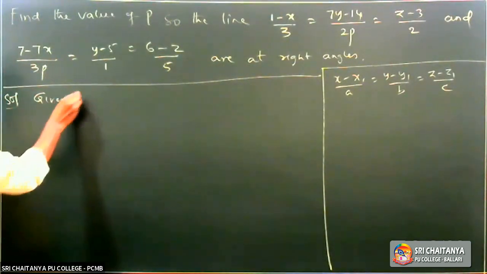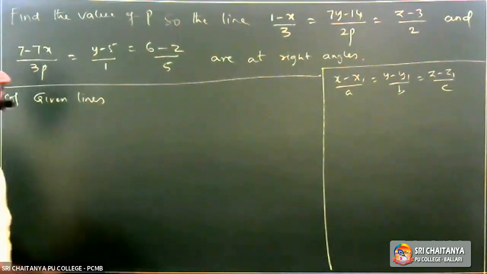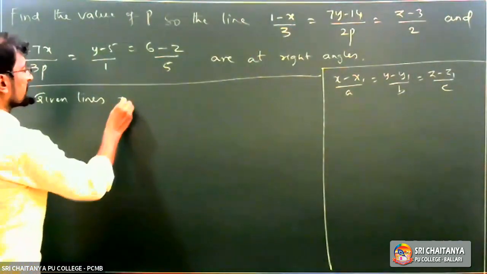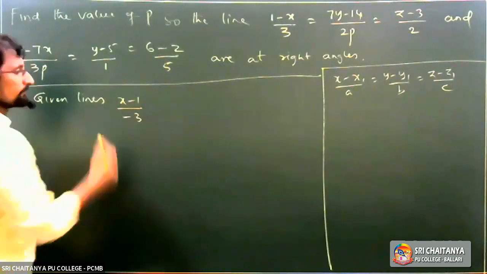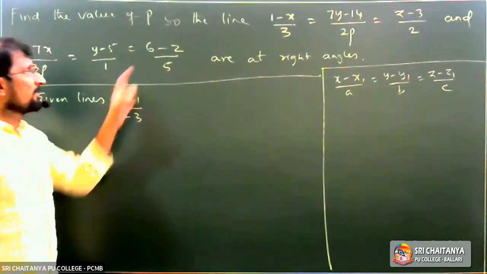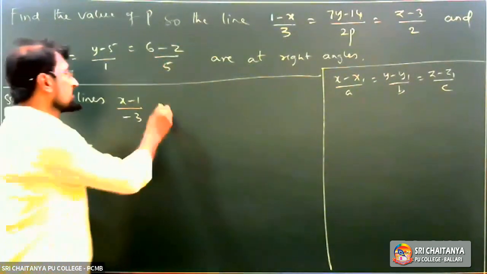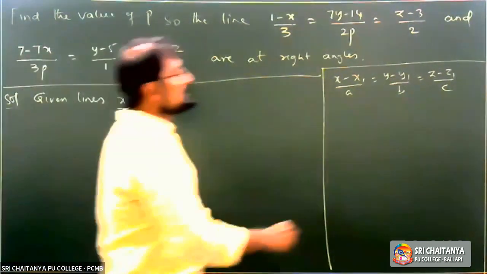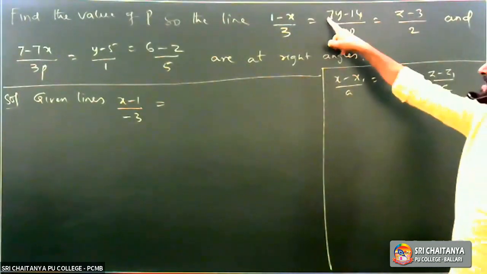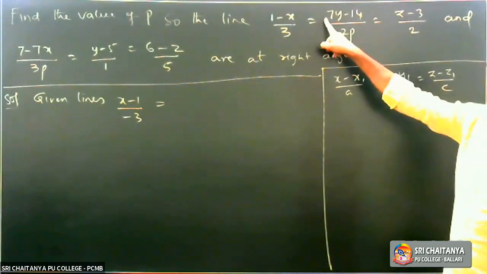Given lines can be written as, observe, this can be written as (x minus 1)/minus 3. Suppose if I take minus common here, I am going to get that one, right? Which is equal to, now (y minus y1)/b, but here 7y is there, so take 7 common.